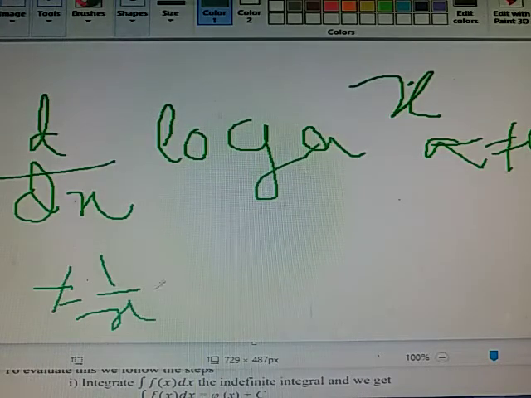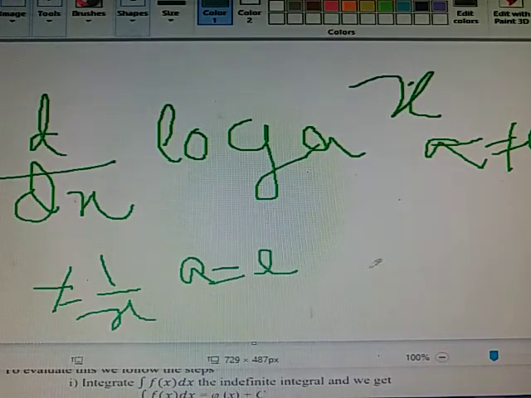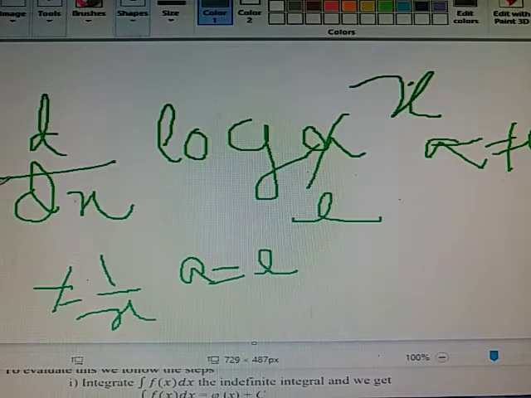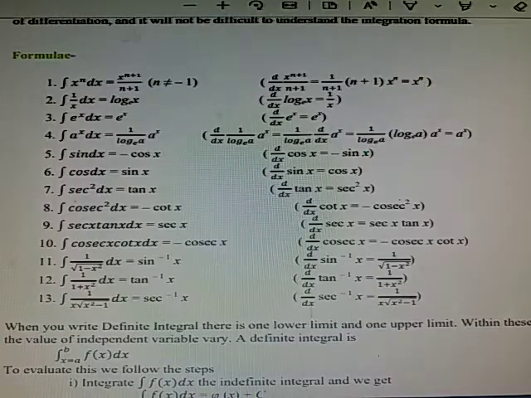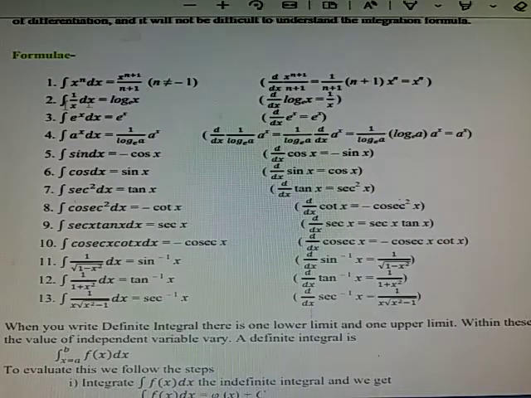This is not true. So a must be equal to e, then we will have 1 by x. That is why base is important. So d/dx of log of x to the base e is equal to 1 by x. That is why integration of 1 by x is equal to log of x to the base e.